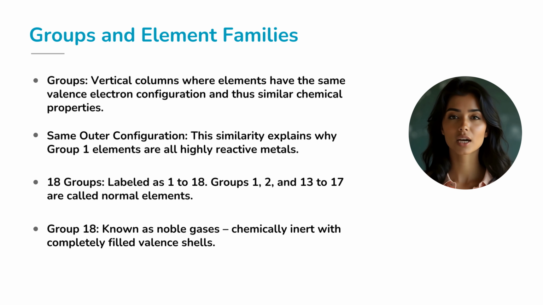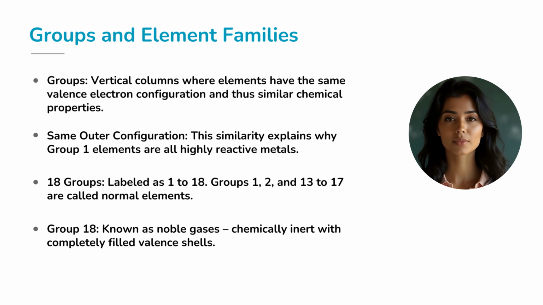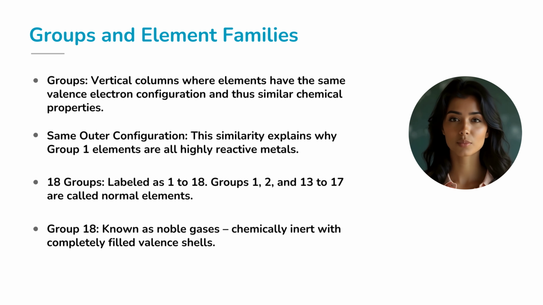Now, let's look down the table at the vertical columns called groups. All elements in a group have the same number of electrons in their outermost shell, which explains why they have similar chemical properties. For example, group 1 elements, lithium, sodium, potassium, all have one valence electron and react vigorously with water.